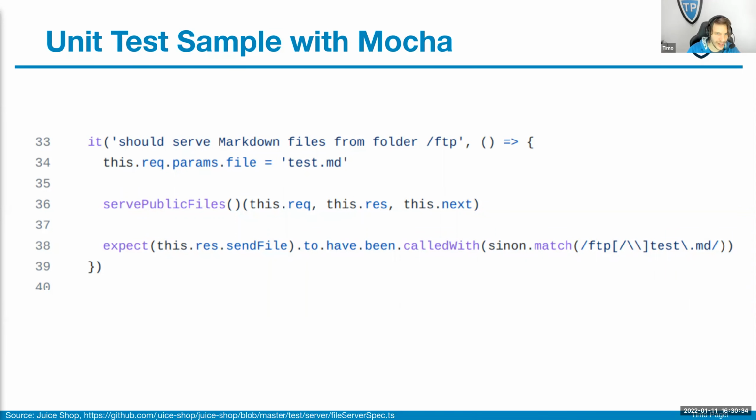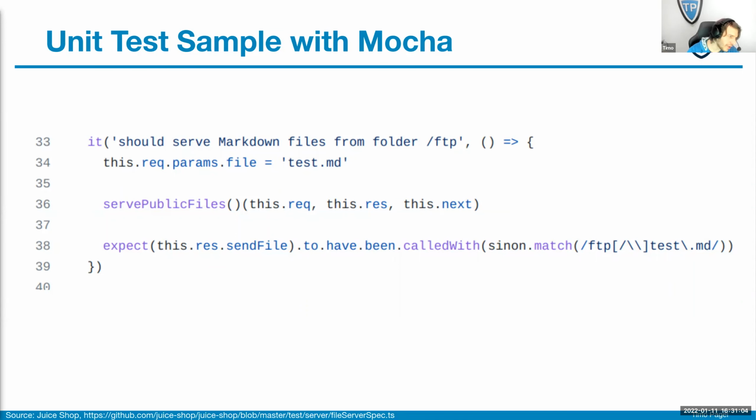So this gets tested, and then we write what we expect. What is the outcome when we have a request with test.md? So we expect that the send file has been called with ftp/test.md. So this is a test to first validate the function.